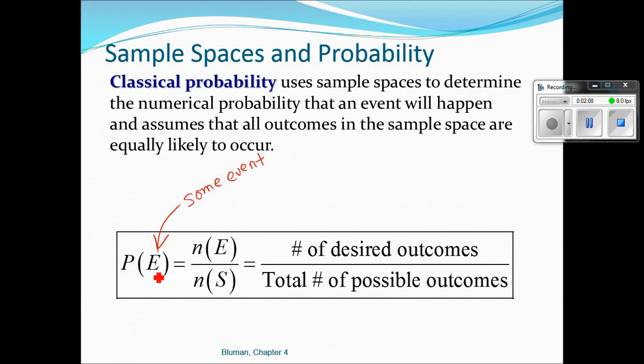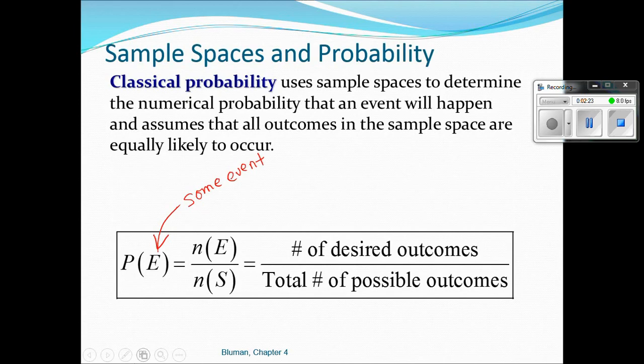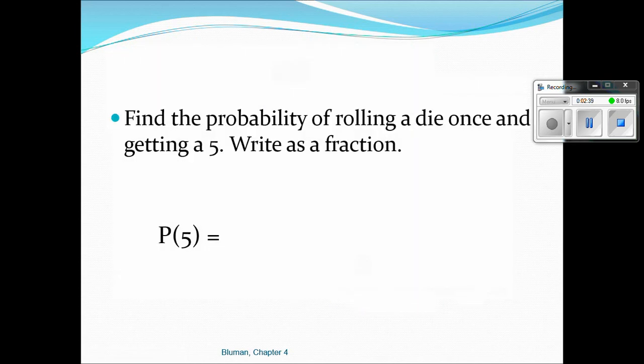So if the event is getting Ebola, how many possible Ebola cases are there out there, and how many possible people are there? I know that doesn't work perfectly for this case, but I want you to know that desired does not always mean that it's a good thing. Okay, it's just what we're talking about. And then the total number of possible outcomes. Okay, that's what S represents.